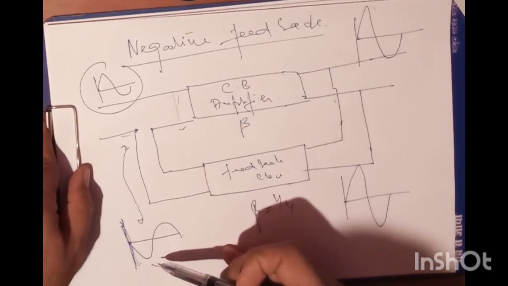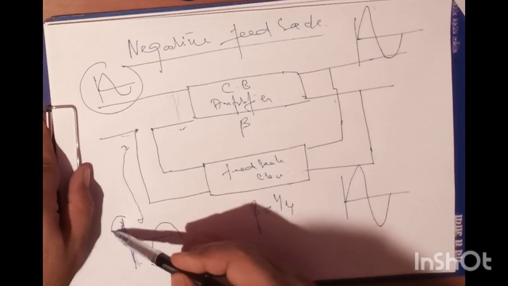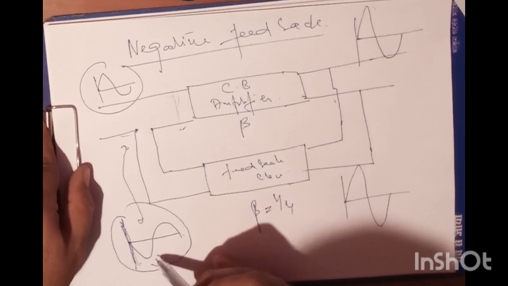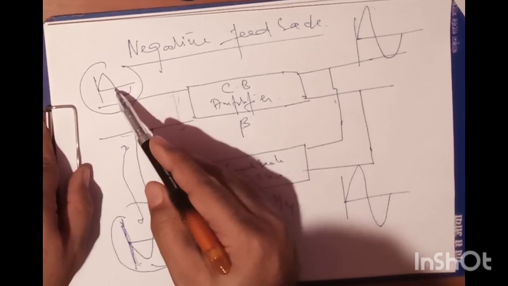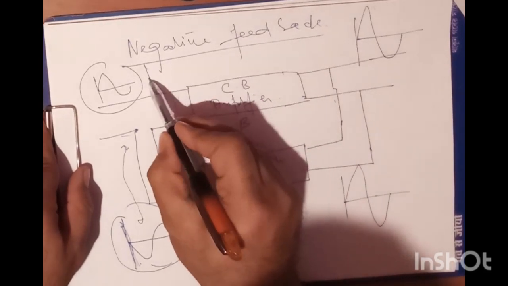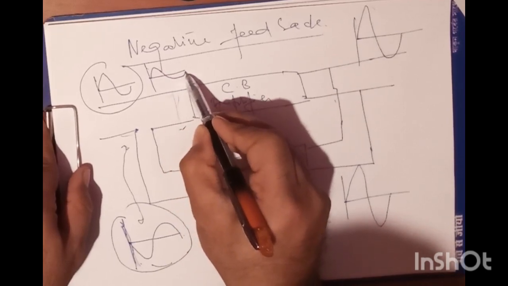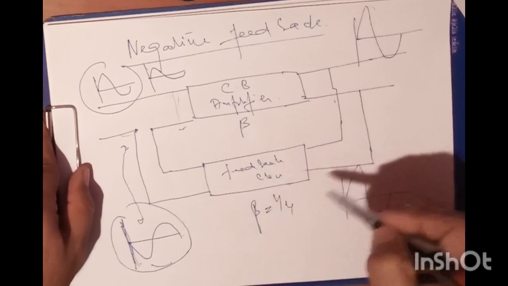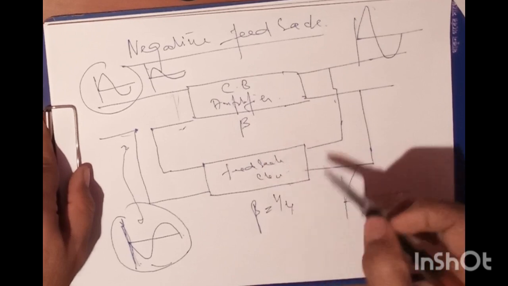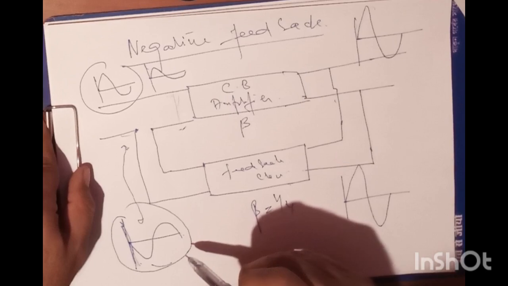The output we have obtained through the feedback circuit is out of phase with respect to the input signal, so when the two signals superimpose, the magnitude of the input signal will certainly go down. This process can continue, and continuously you are decreasing the magnitude of the input signal that we are subjecting to the amplifier.